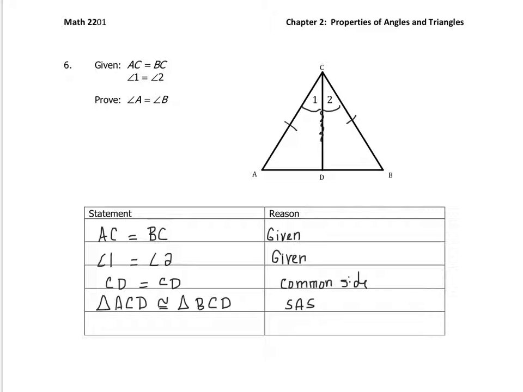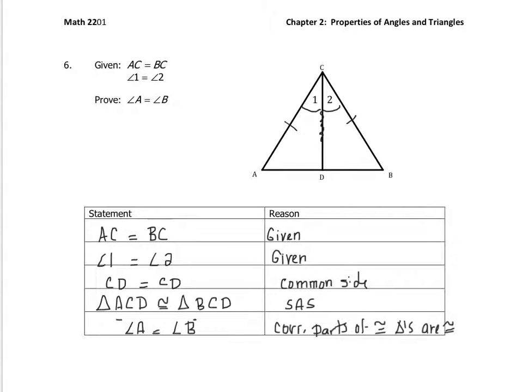So therefore, if the triangles are congruent, then A and B are matching parts, so angle A would have to equal angle B because corresponding parts of congruent triangles are congruent. Or you can use the CPCTC acronym, I guess it would be called.